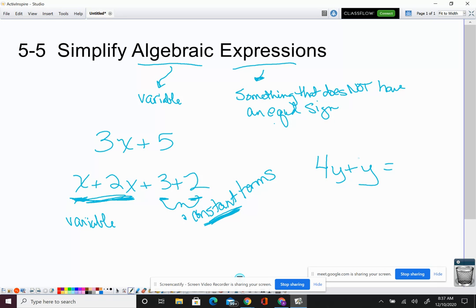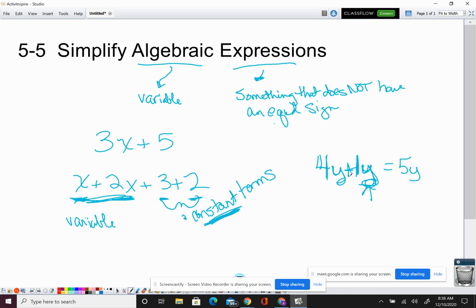No, I see a head shake. No. What should it be? It should be 5y, right? 5y. Why? Because there's one y there. Not 4yy. Not 5yy. Right.